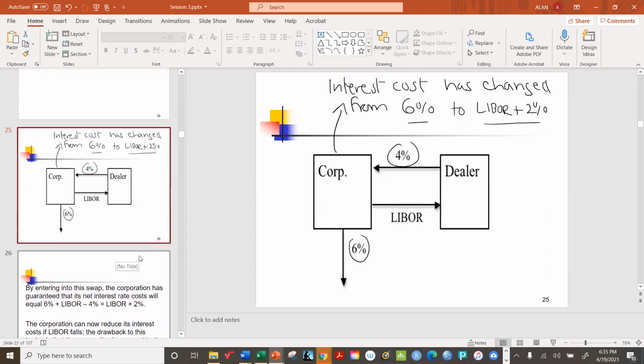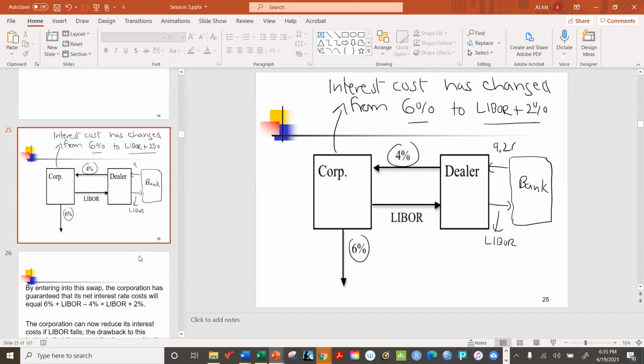And now, of course, the dealer, not wanting to be in this position, may approach another company and say, all right, we want to pay you LIBOR. Let's say this is a bank that has the opposite outlook. They're going to offer to pay LIBOR to the bank in exchange for something slightly higher than 4%. Let's say it's 4.2.